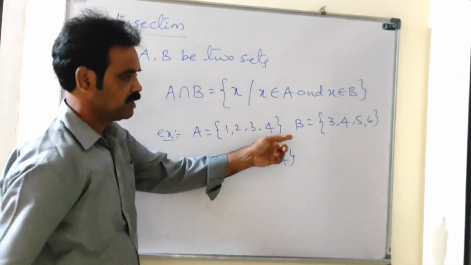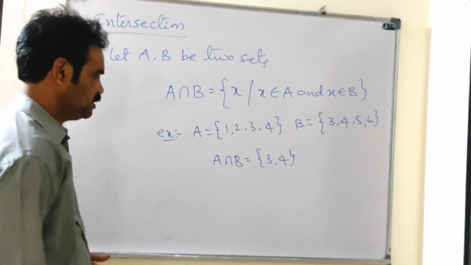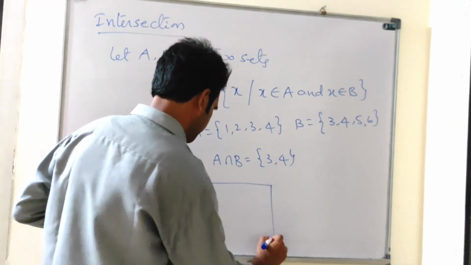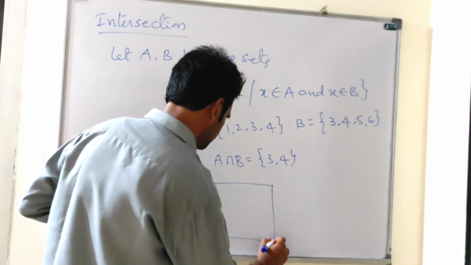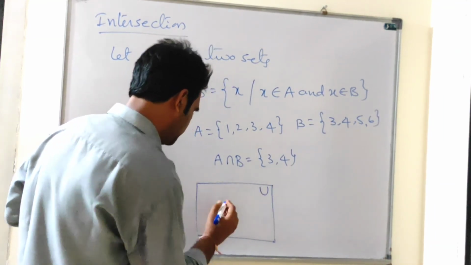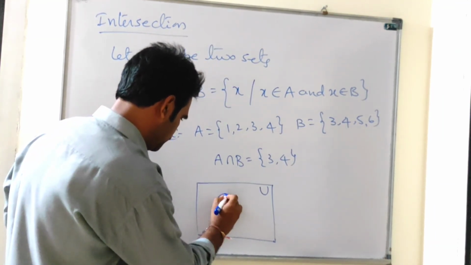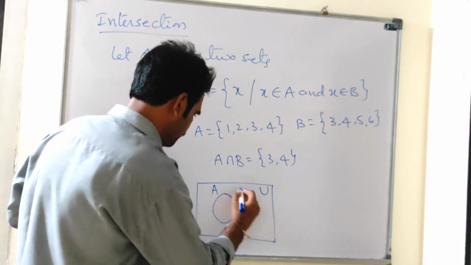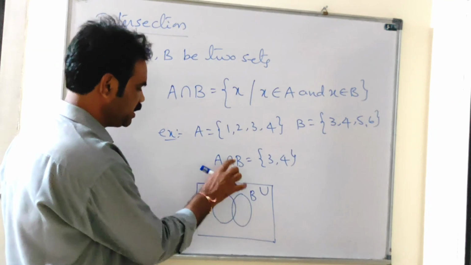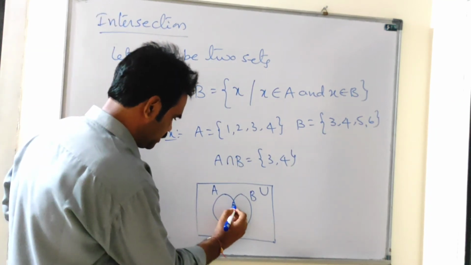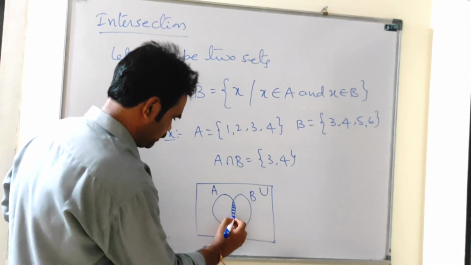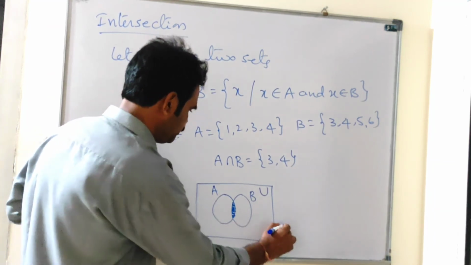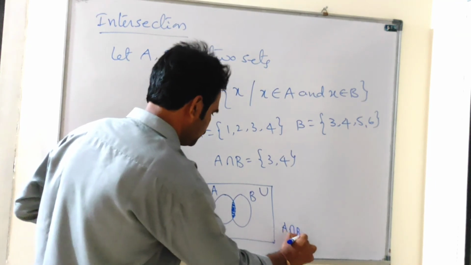Now see the Venn diagram for A intersection B. This is the universal set, this is the set A, and this is the set B. A intersection B means the common elements in A and B. This is the Venn diagram for A intersection B.